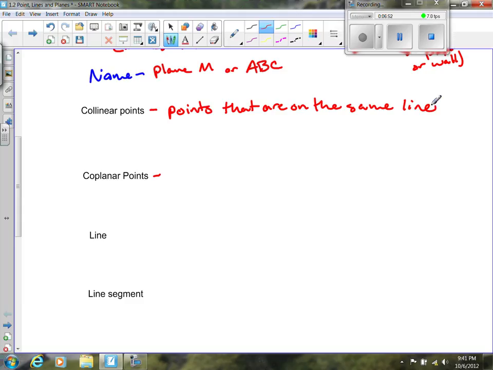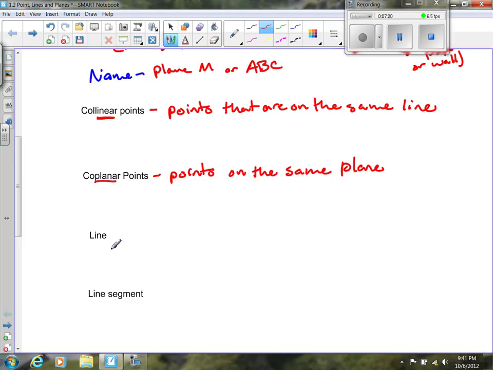Okay, coplanar points. Collinear, linear, think line. Coplanar, co is kind of with, so it's with the same plane. So points on the same plane.